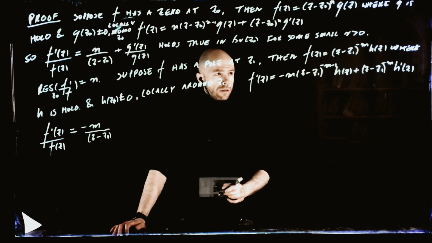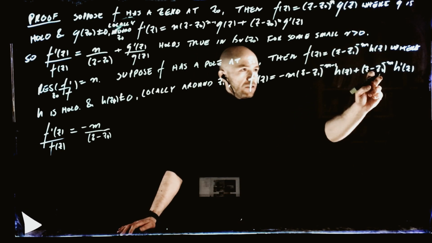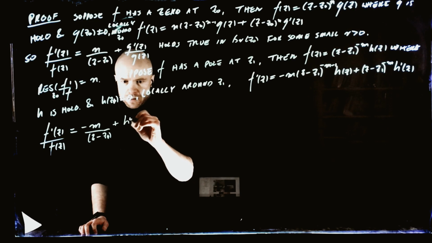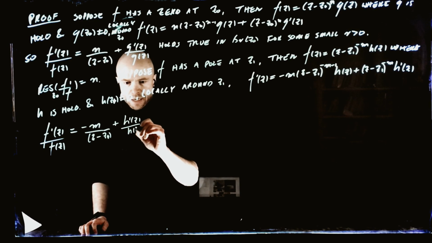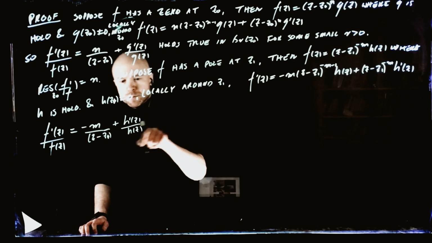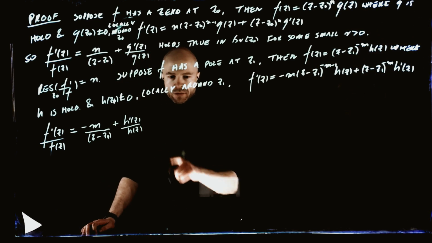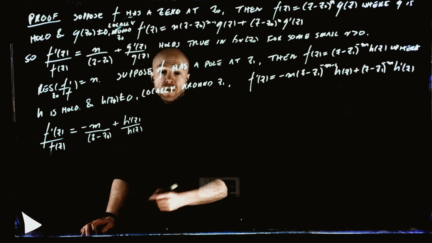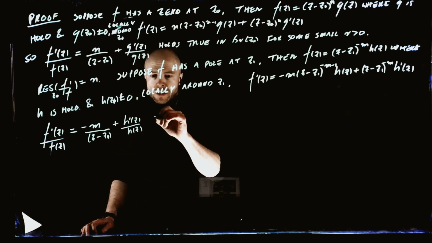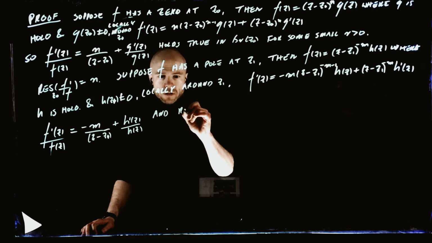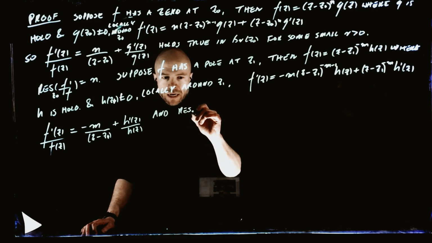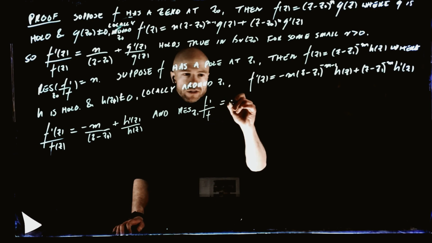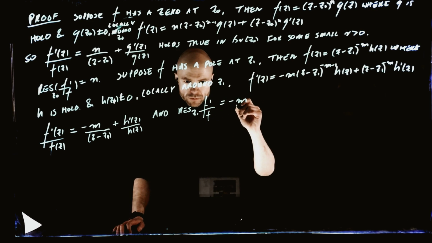And for this thing, all we're going to have is just h prime over h, right? And again, since h of z1 is non-zero, this part's perfectly nice. We have nothing going on except a pole of order 1, a simple pole at z1, and the residue at z1 of f prime over f is equal to minus m. Yeah?